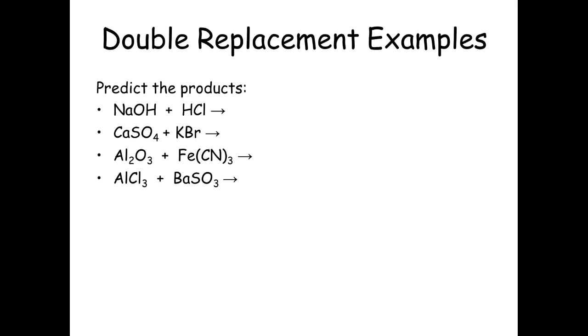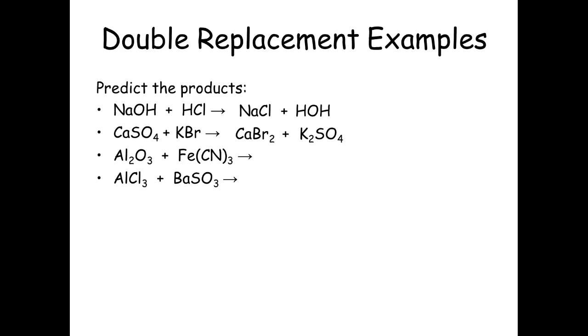Okay, so NaOH and HCl will form NaCl and HOH, which can be written as H2O, that's fine too. CaSO4 and KBr will form CaBr2 and K2SO4. Now, this equation is not balanced. We're just focusing on writing the products.